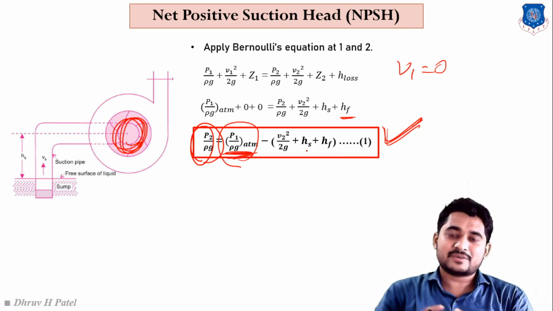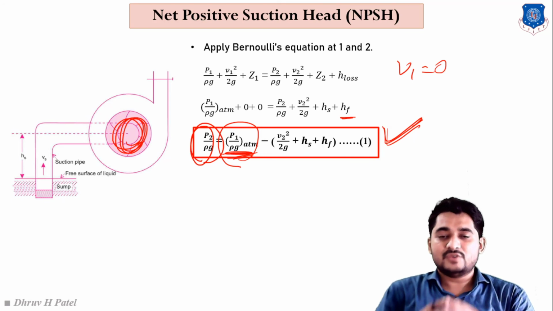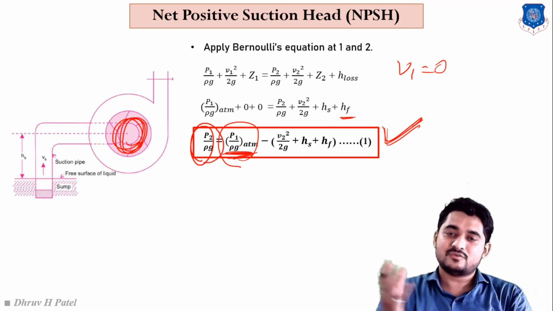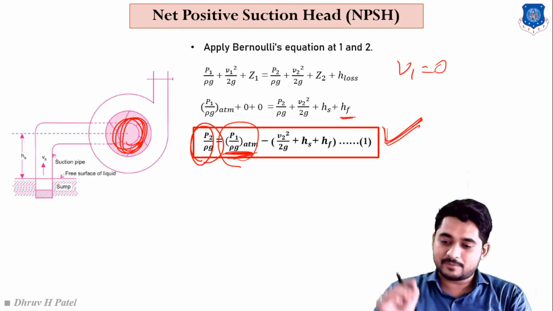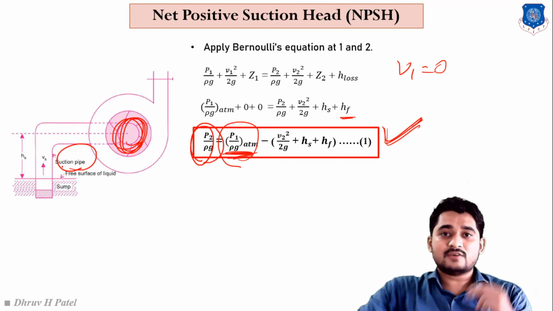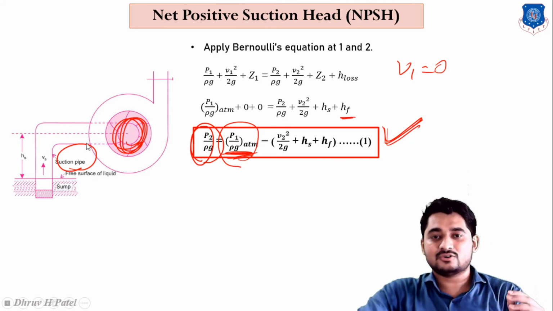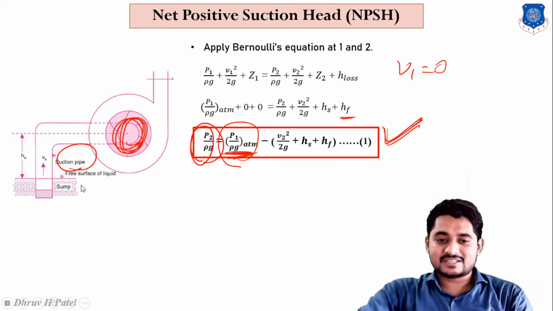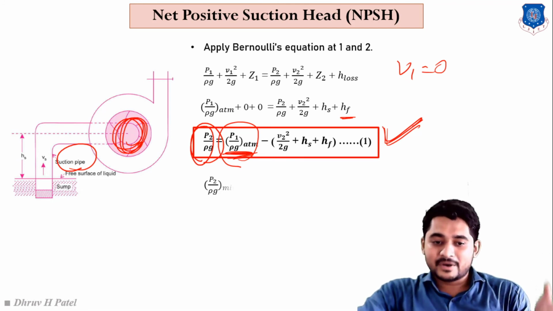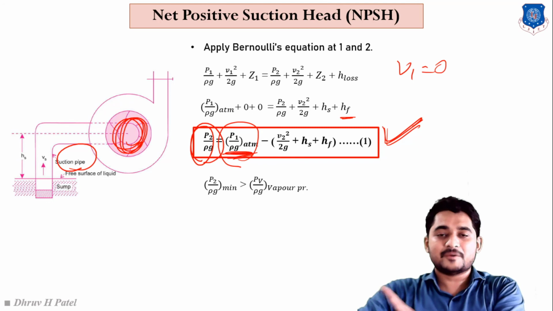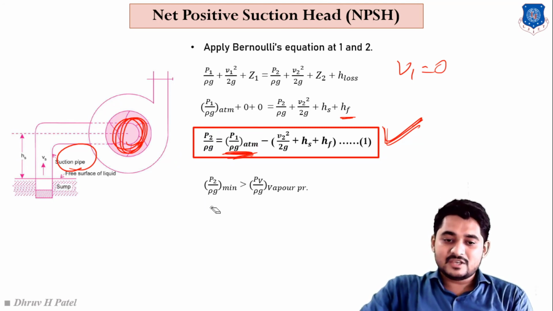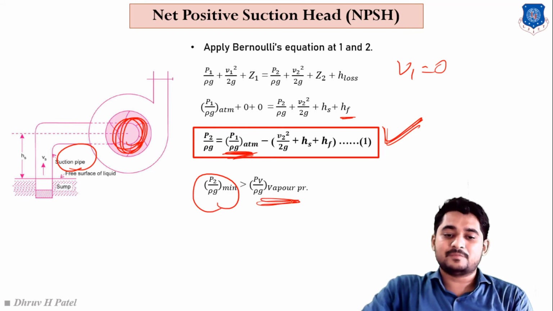But from vapor pressure and the cavitation phenomenon, we already know that if the pressure drops below a certain pressure, vapor will form and cavitation will occur in the suction pipe also. So we have to take that criterion into account too. So our pressure will be less than atmosphere pressure, but to avoid vapor formation and cavitation, our pressure must always be greater than vapor pressure.